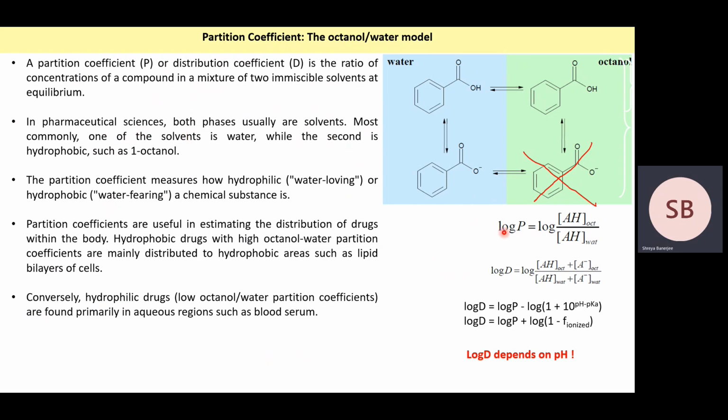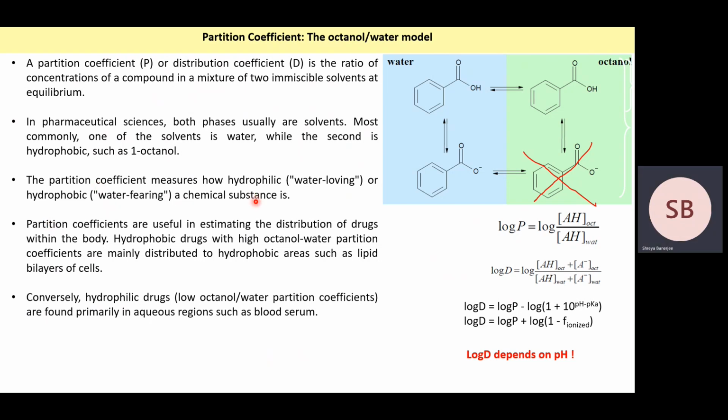So the partition coefficient is defined by log P is log of the concentration of the molecule in octanol by the concentration in water. And log D can be written as log of, in the numerator, concentration of the compound in octanol, protonated and the unprotonated, and again concentration of protonated and unprotonated in water.